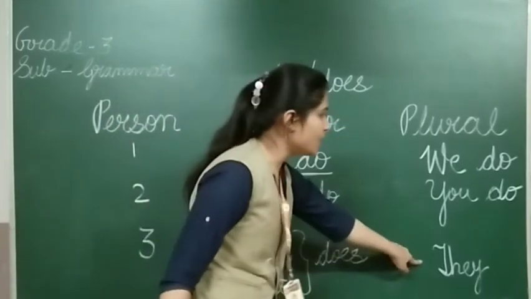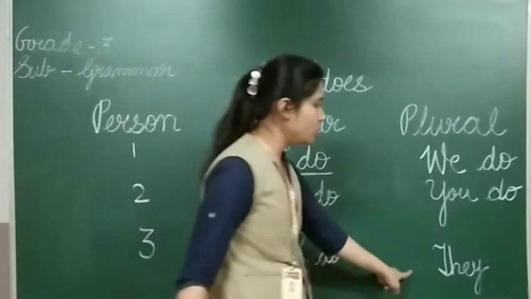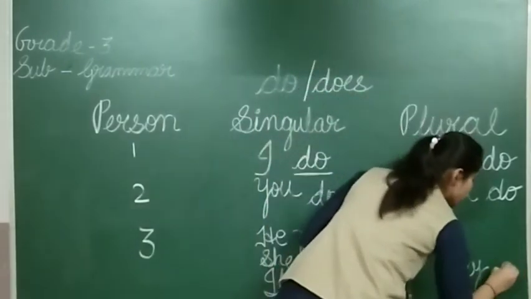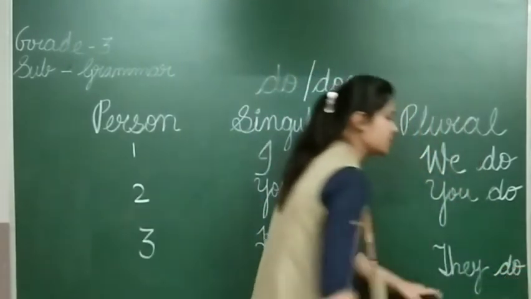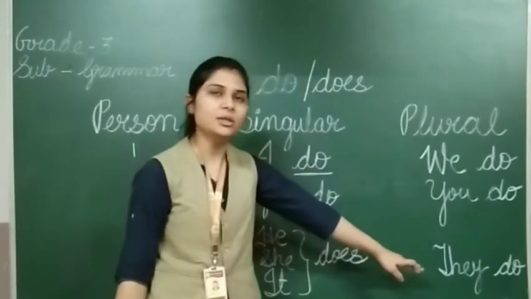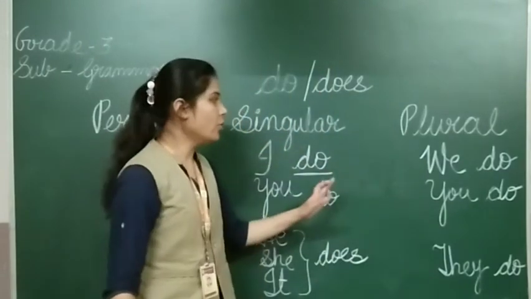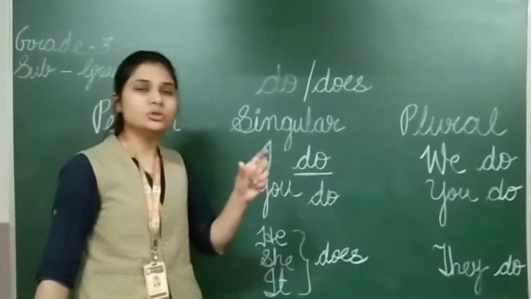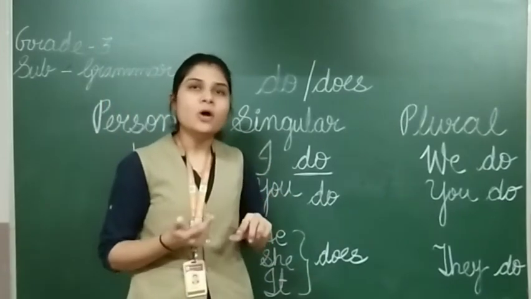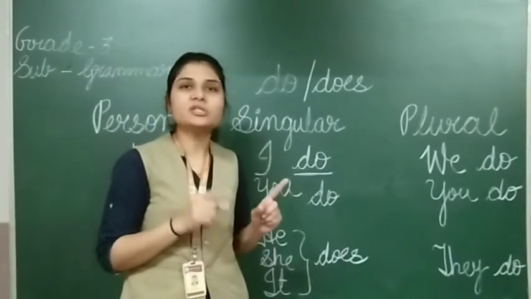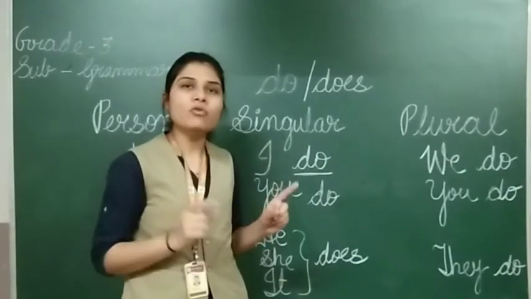Now here they is given. In third person plural we use do. There is no need to add es in that. Okay. Now particularly I am going to show you the structure or rule for the singular noun. When our sentence is starting with a singular noun, how do we have to write?